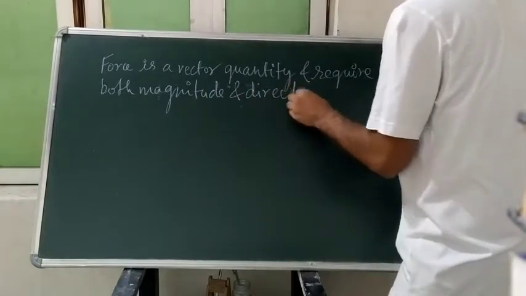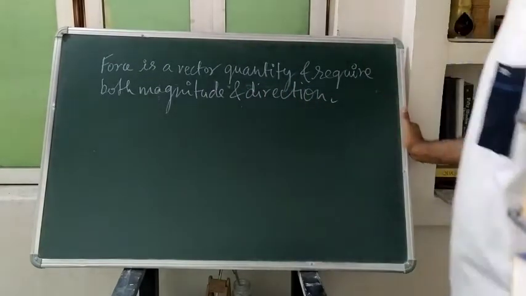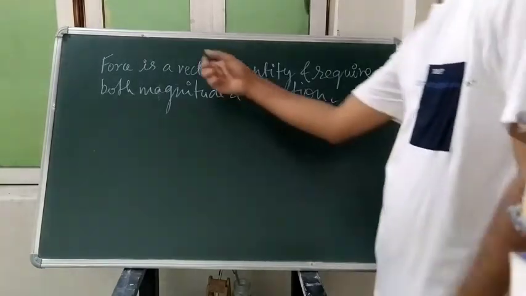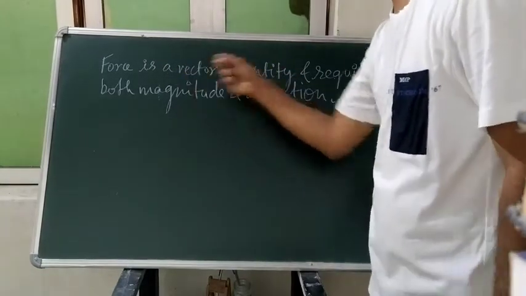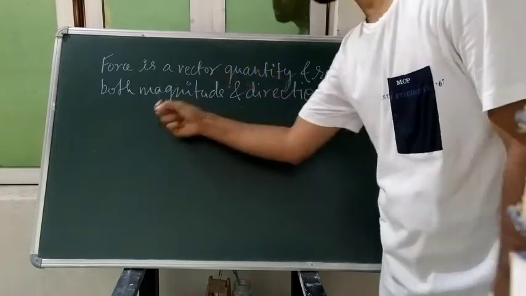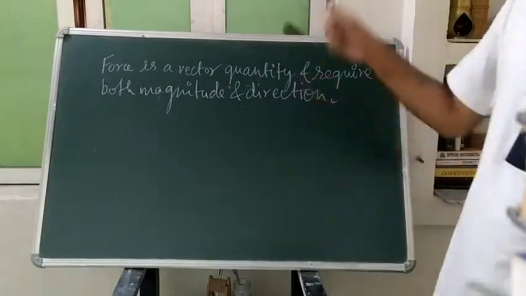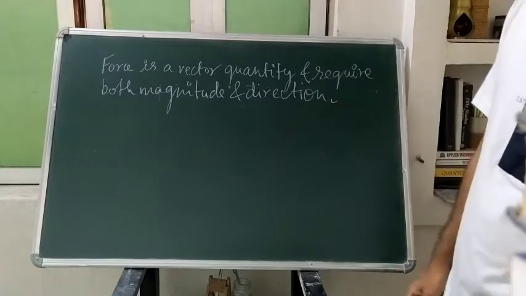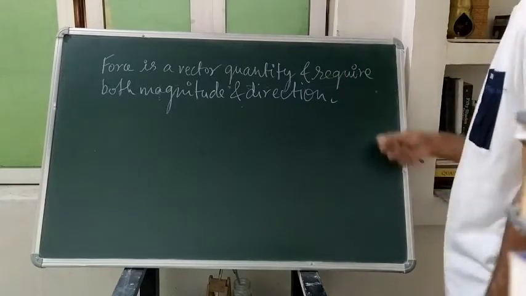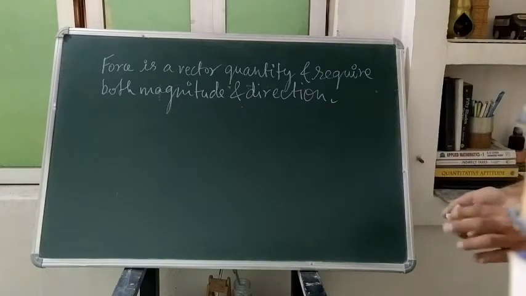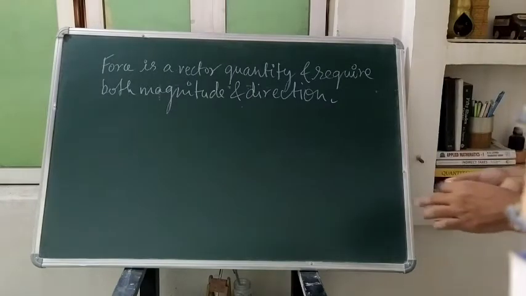You may say, Miss, why not the point of application? Please, no. While we are saying that it is a vector quantity, I am saying magnitude and direction. But you will also keep in mind at which point we are applying the force. I have told you. So force is a vector quantity which requires both magnitude and direction.